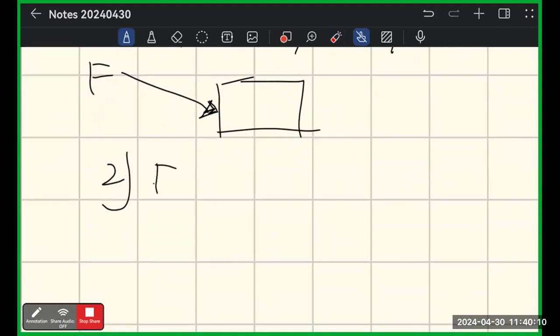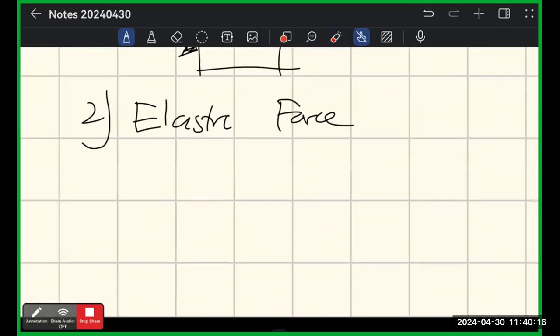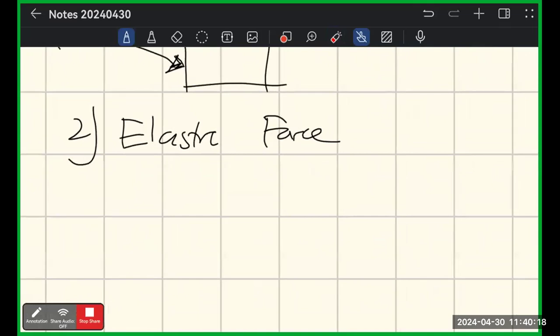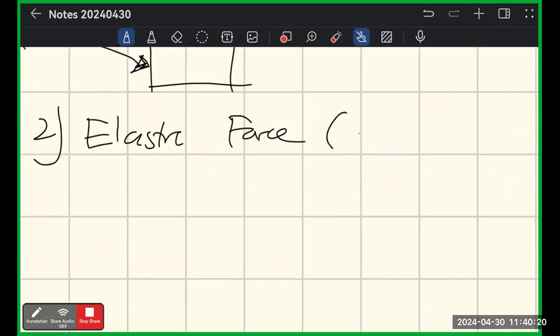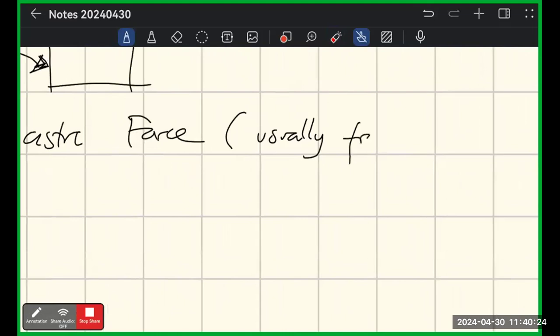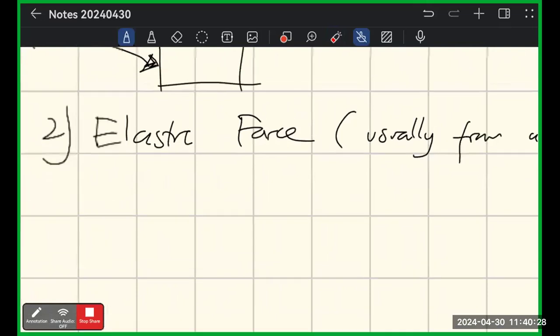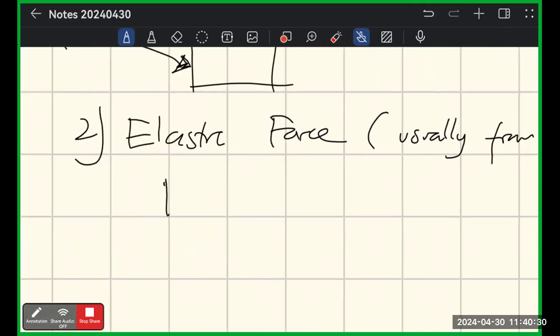Next up, we'll have elastic force. This elastic force is usually from a spring. For the spring, the formula is equal to negative kx.